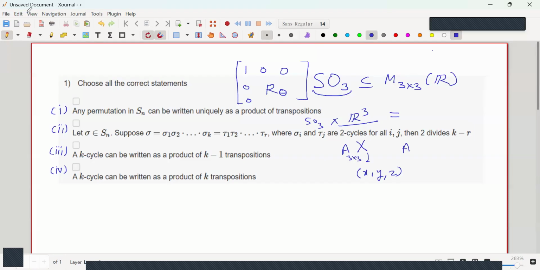Now you can get the action as simply A X transpose, means you just multiply this 3 cross 3 matrix with this X, Y, Z. Whatever you get is actually the outcome that you would have obtained by sending this X, Y, Z under the rotation determined by this A. So every matrix determines a rotation, and this action is just sending this element to the resultant that you will obtain through the rotation determined by this matrix.